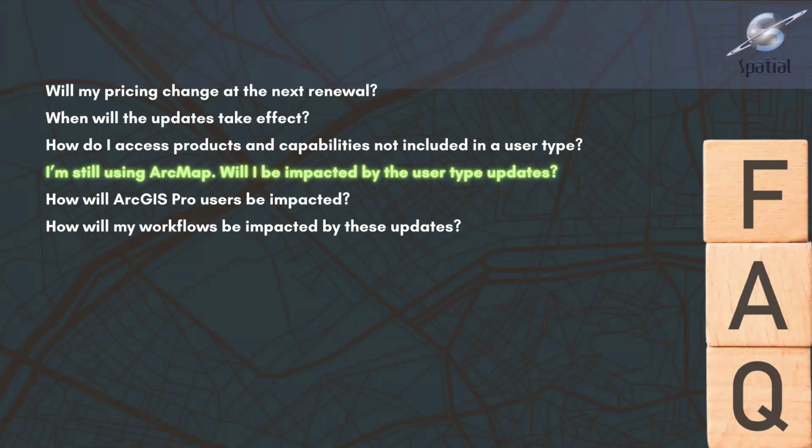We have an active ArcMap to ArcGIS Pro migration campaign that's been happening over the past year and a half. So if you need support regarding that, feel free to contact members of our team, and we have some contacts on our final slide as well. Feel free to reach out to us, and we can put you on to the right people that can support the migration, as ArcMap will be retiring in a few years.